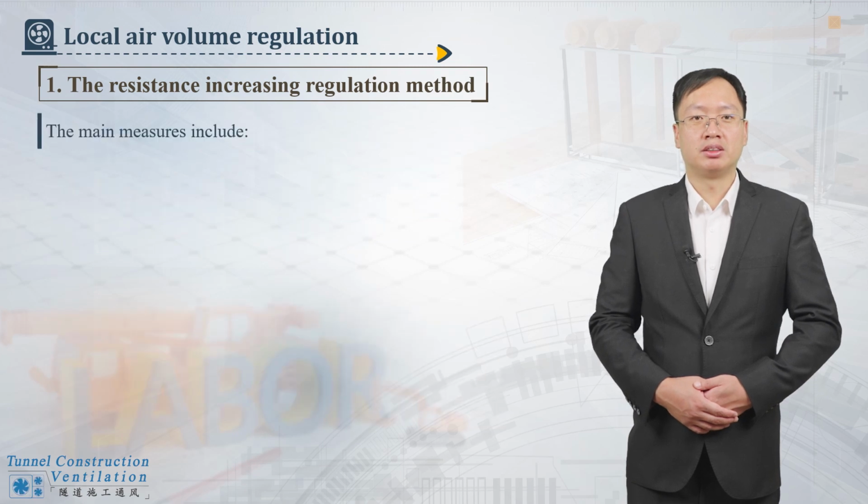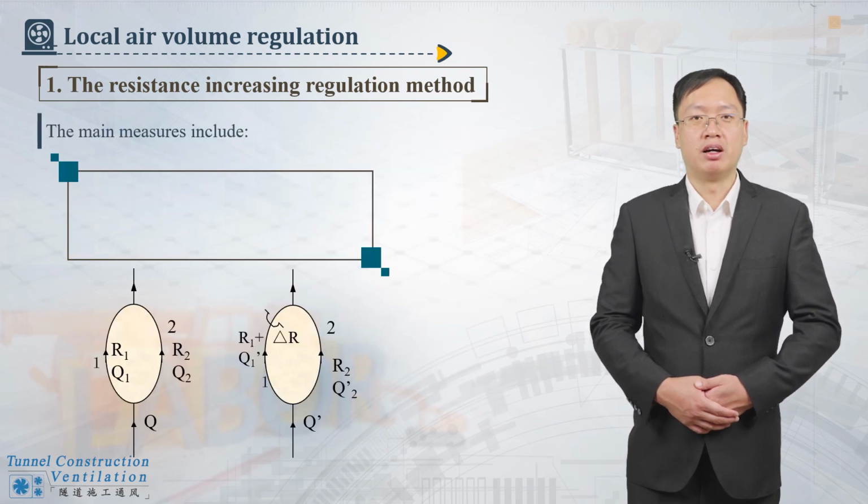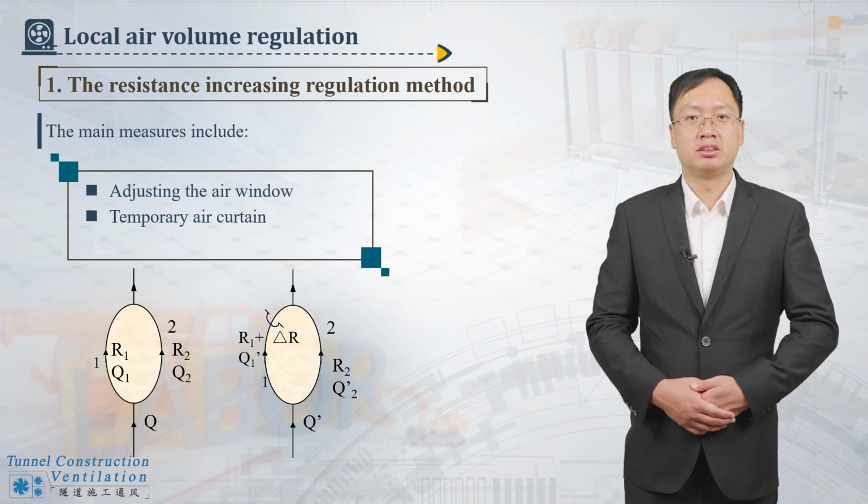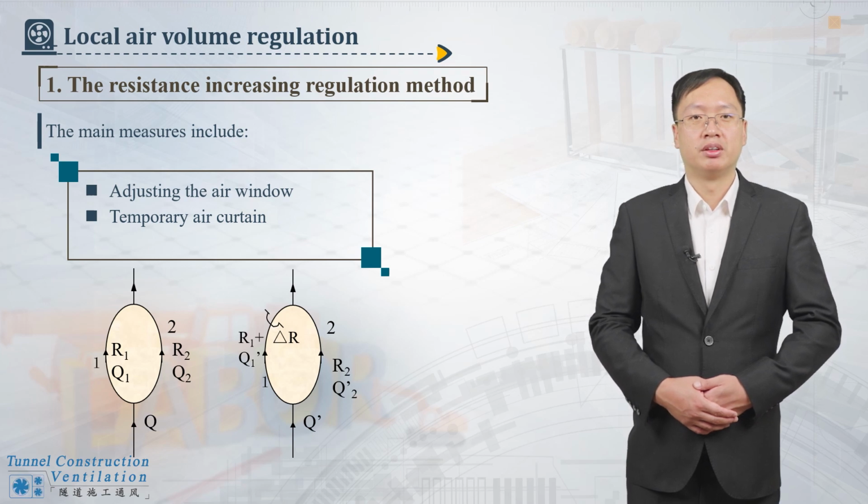The main measures include: 1. Adjusting the air window. 2. Temporary air circuit. 3. Air curtain conditioning device.